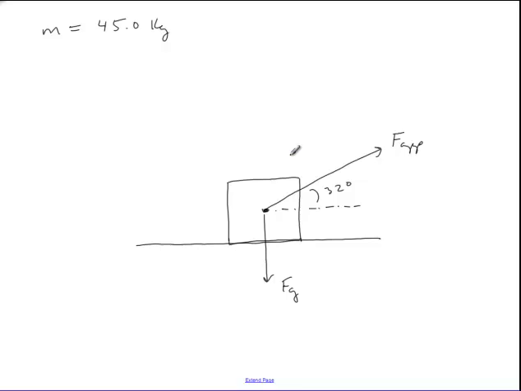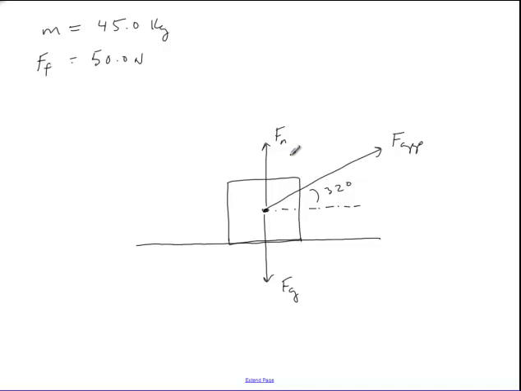It's on a horizontal surface. The normal force is always going to be perpendicular to that. You know what else it gives us? A force of friction, which equals 50.0 newtons. The force of friction acts opposite to the force that you're applying.